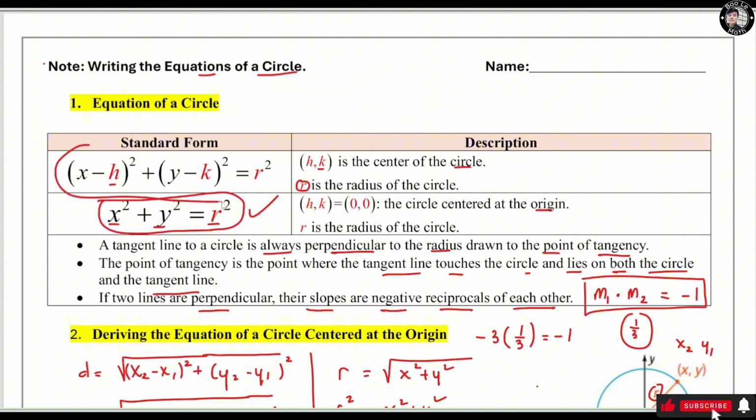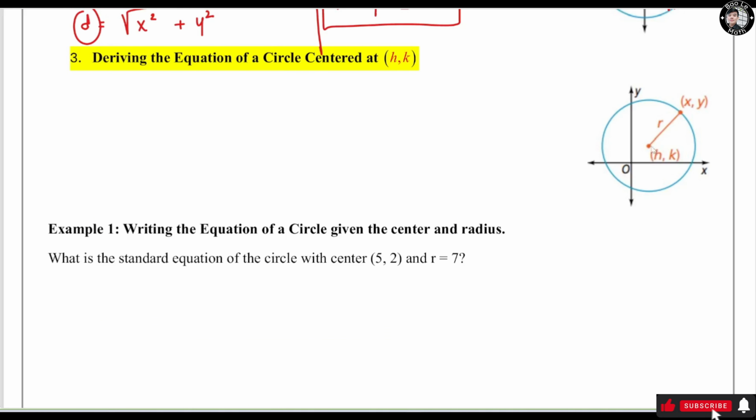Now let's prove this formula. In this situation, the center is not at the origin anymore. It's going to be somewhere right here, and we still use the distance formula. So we have d equals the square root of, this is x2, y2, x1, y1, so it could be x minus h altogether squared plus y minus k altogether squared.